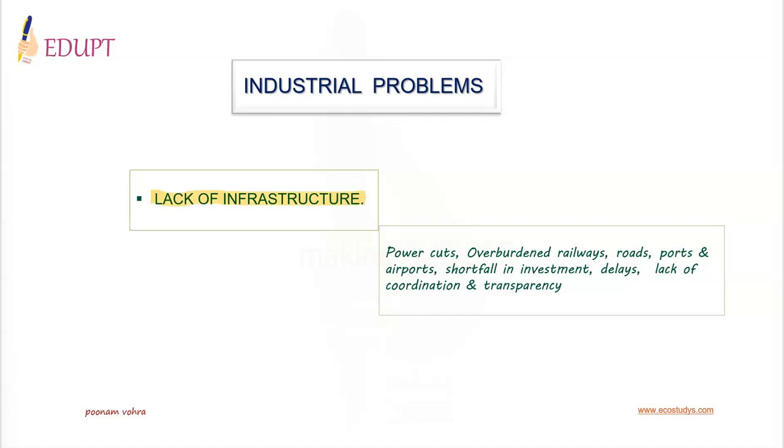Industrial development gets adversely affected because of the absence of adequate infrastructure comprising electricity, with power cuts and voltage fluctuations, overburdened railways, roads, ports and airports. Each continues to experience the pressure of rising demand for services.